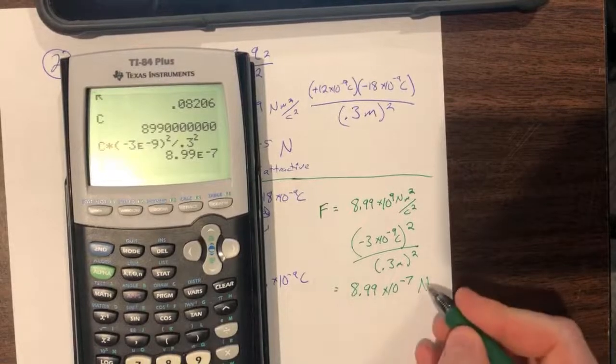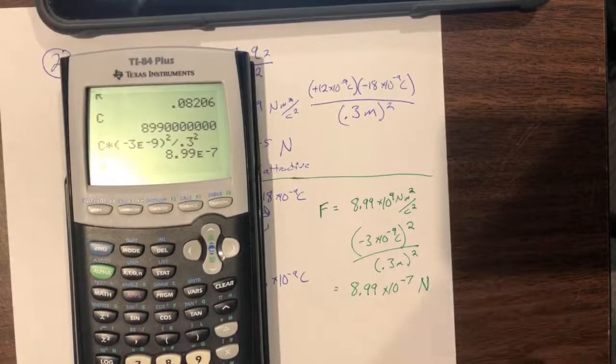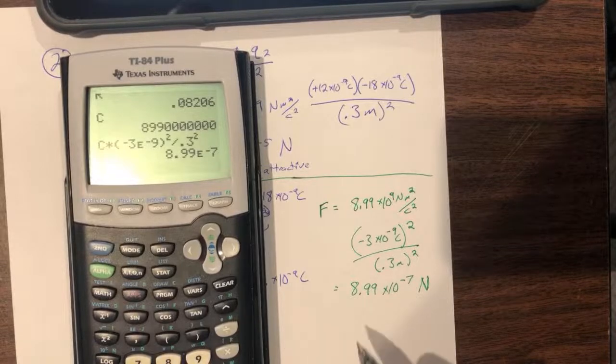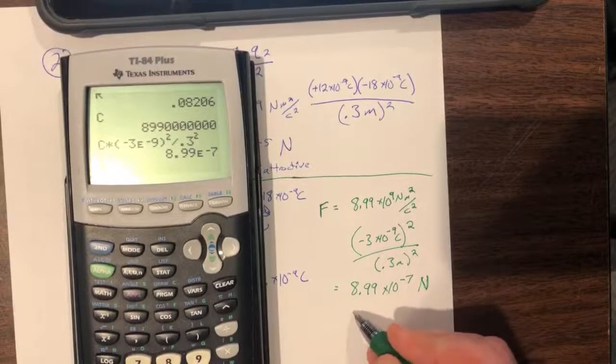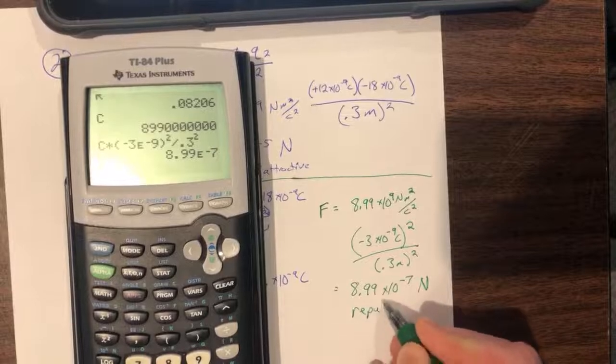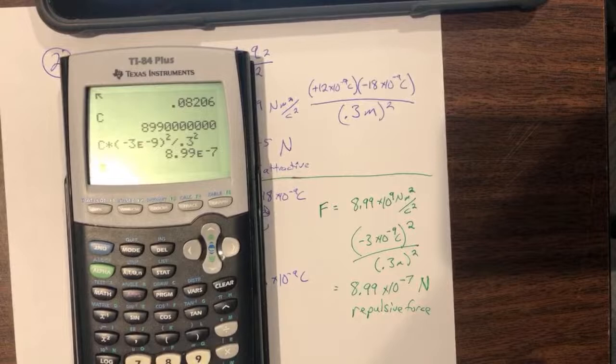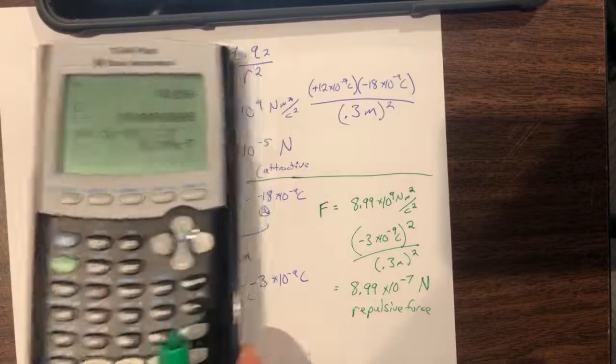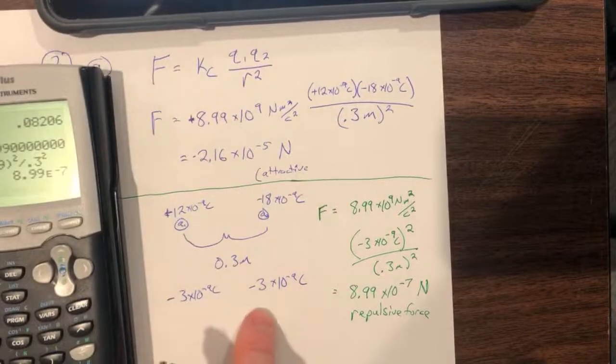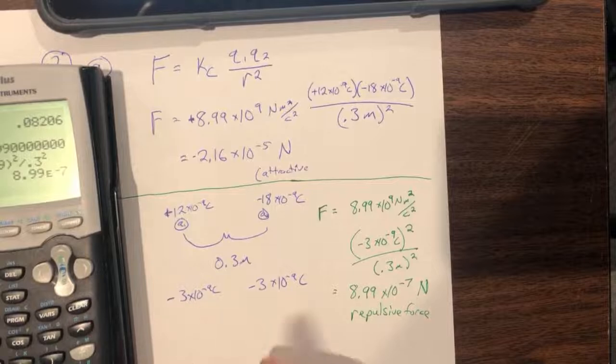Now, it's important to note positives and negatives. Again, it really depends on how you do this. If you do positive as an attractive force, this will be negative, but I don't really care whether you put positive or negative. What I want you to tell me is that this is going to be a repulsive force, because they both have exactly the same charge. They're both negative, so a negative and a negative are going to repel each other.